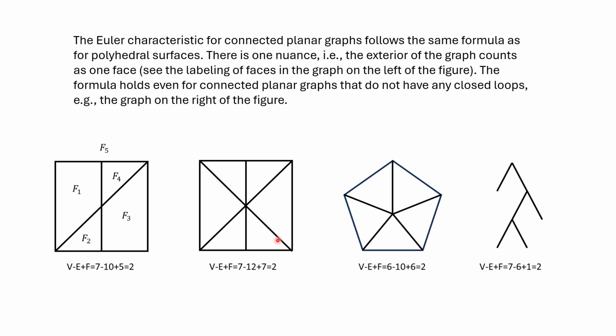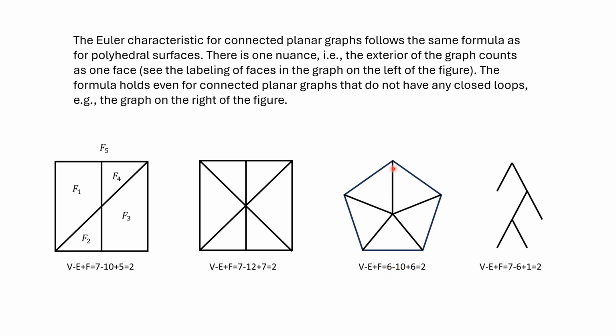Okay, we have a few more examples. I'll leave this one for you to verify that it actually equals 2, but let's do this one. Number of vertices is 1 in the middle, and then 1, 2, 3, 4, 5, so that's 6 altogether.